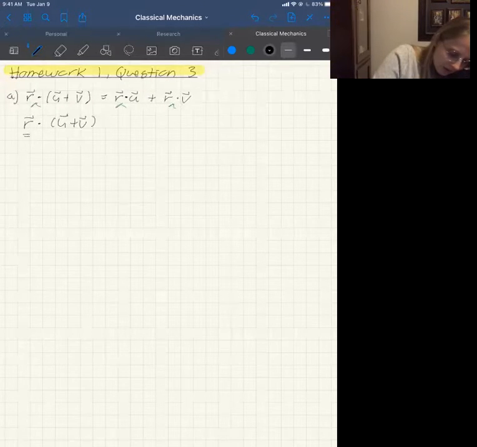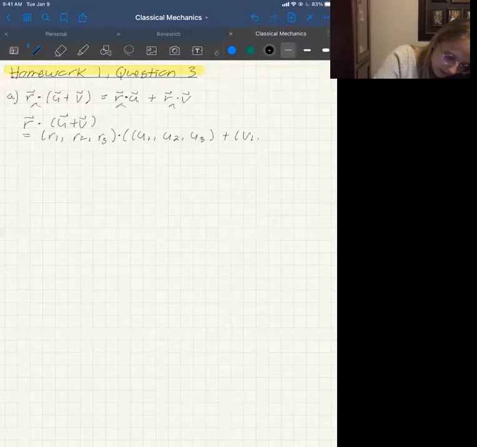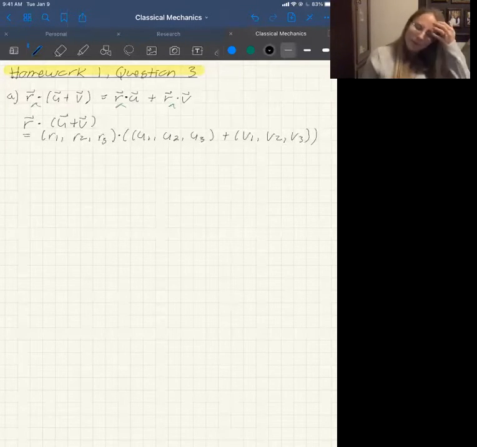So instead of R, I'll have R1, R2, R3, and that will be dotted with the U vector expanded, U1, U2, U3, plus the V vector expanded, V1, V2, V3. You could also use X, Y, Z if you like, instead of 1, 2, and 3.